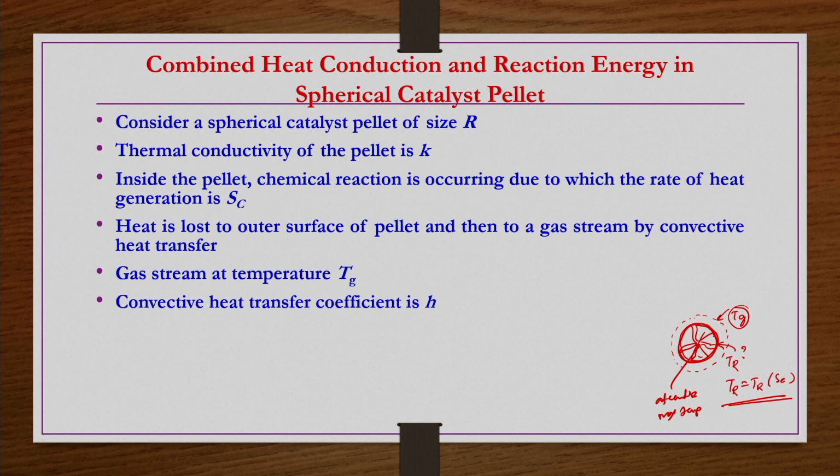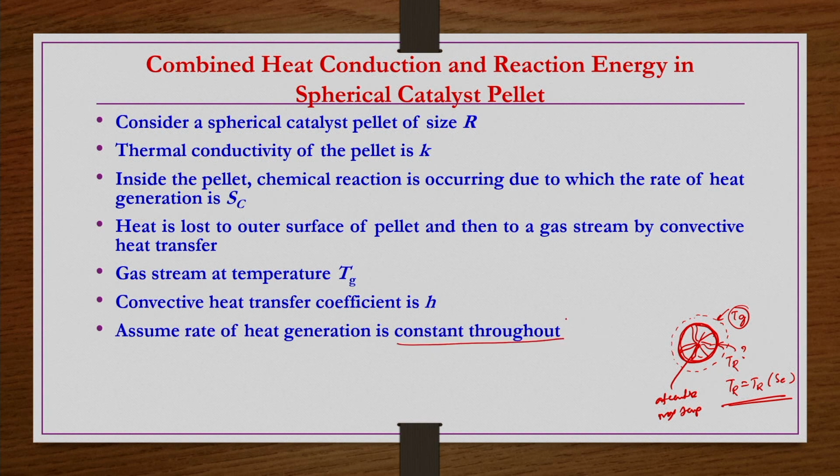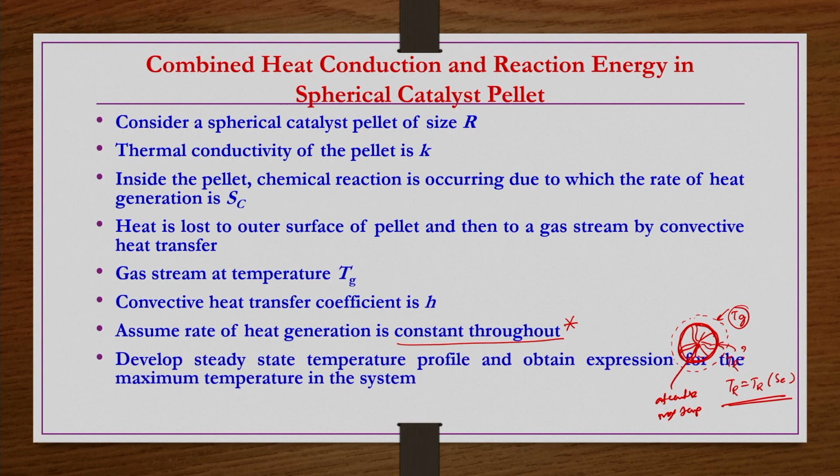Convective heat transfer coefficient is H, that is also known. Thermal conductivity of the pellet K, that is also known. Assume the rate of heat generation is constant throughout, this is very important, right. Develop a steady state expression for the temperature profile and obtain an expression for the maximum temperature in the system. So, this is what we are going to have.